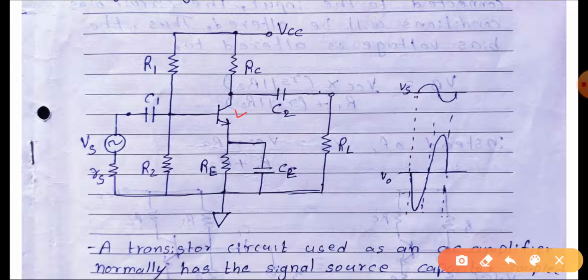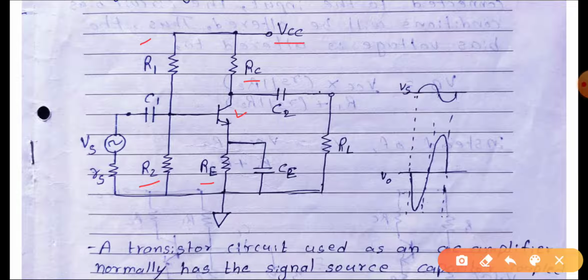Again you can see R1, R2, RC and RE. These are the biasing resistors. This NPN transistor is biased using voltage divider bias. So this VCC is used for biasing.